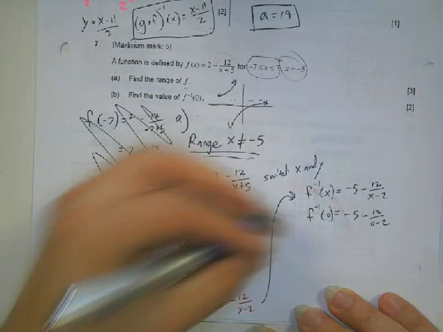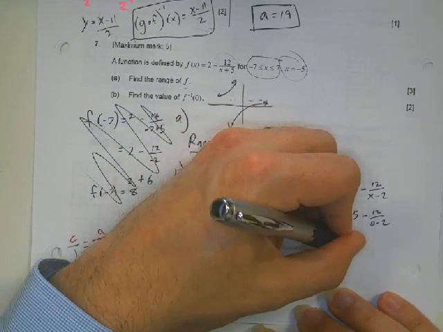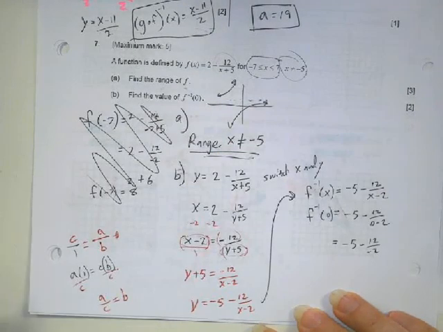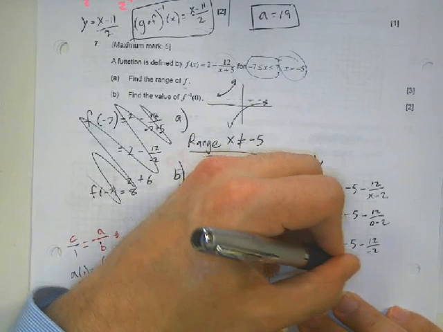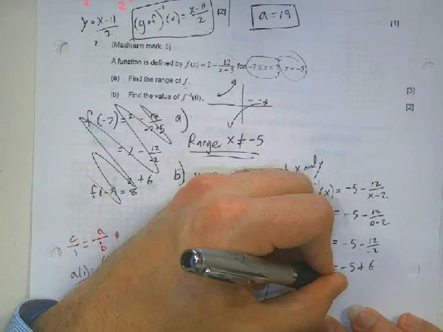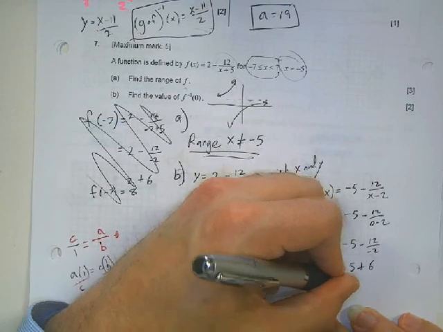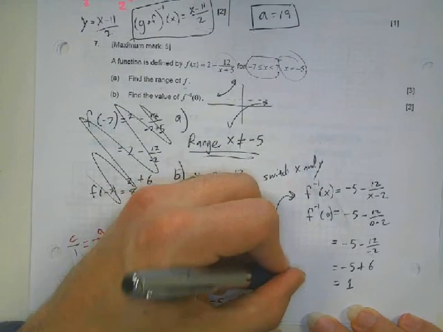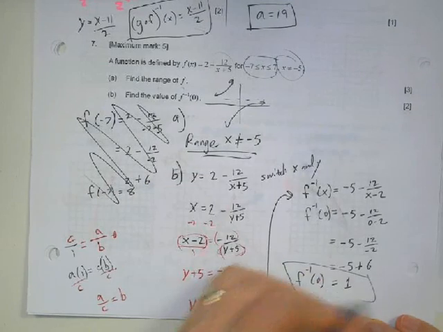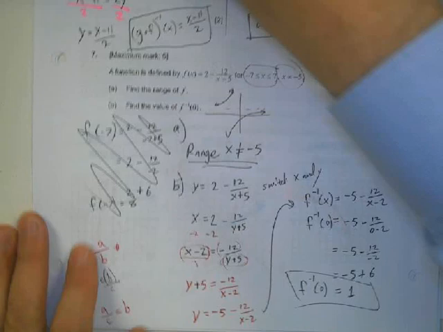And then we get negative 5 minus 12 over negative 2. So we get negative 5 plus 6, which equals 1. Okay, next question.